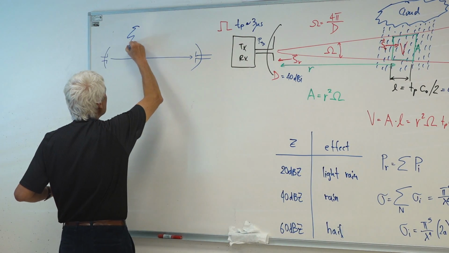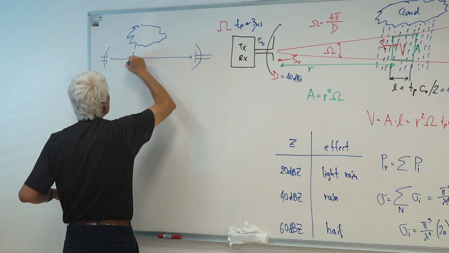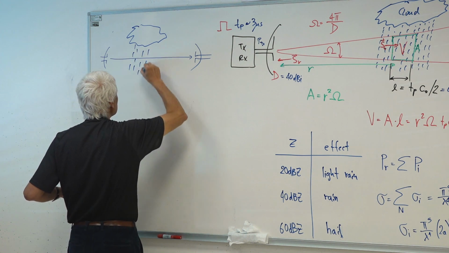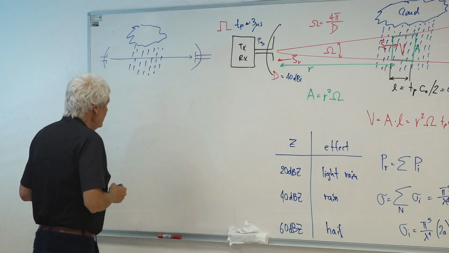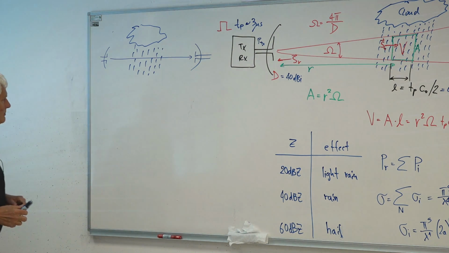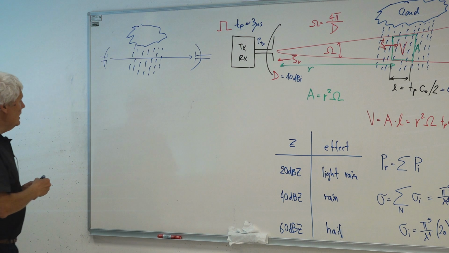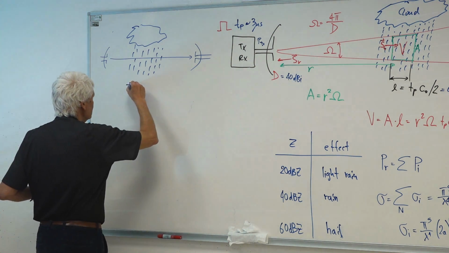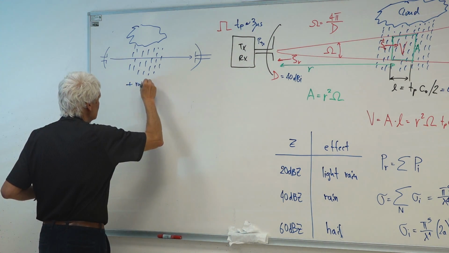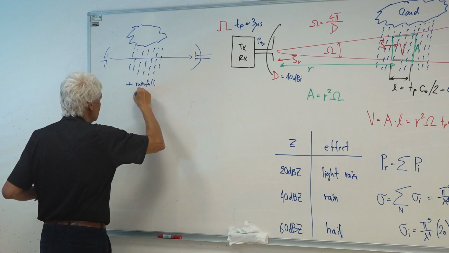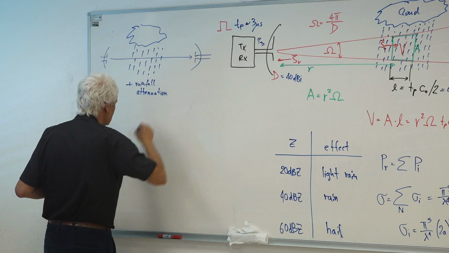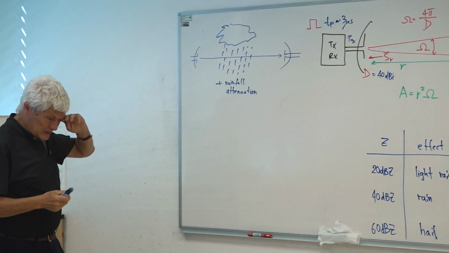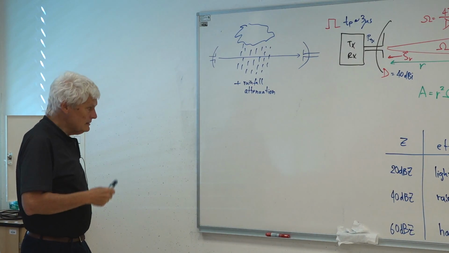And now I have a cloud here that has precipitation. Now, what are the effects here? We have additional attenuation on this precipitation.